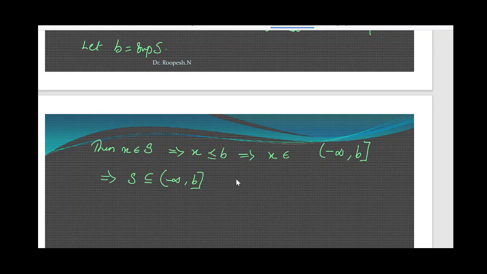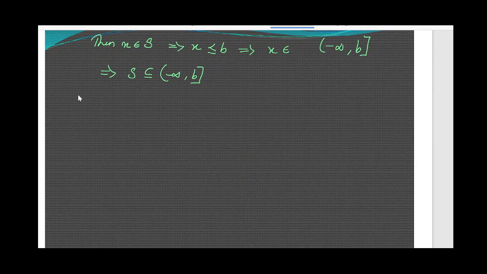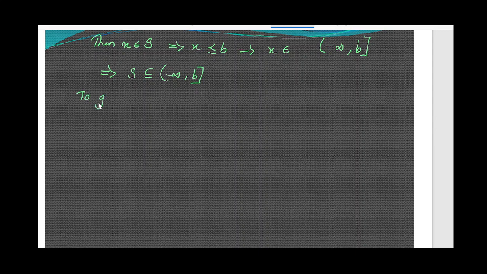Now to get the reverse inclusion, let z belong to (minus infinity, b).